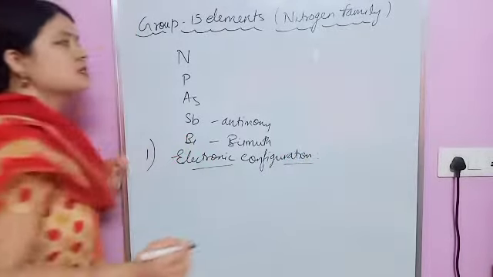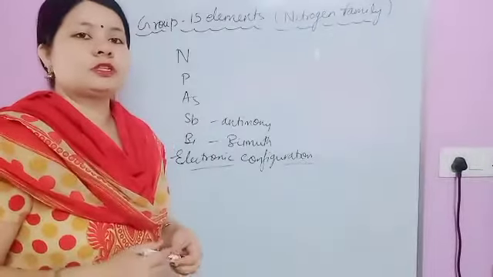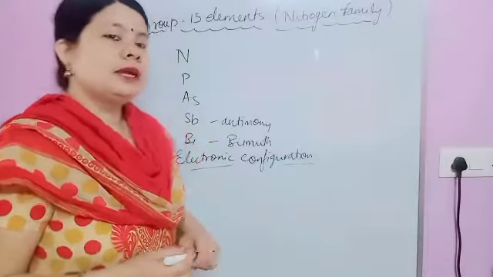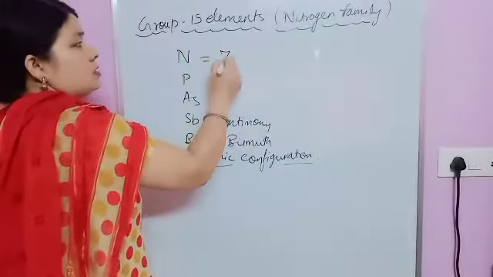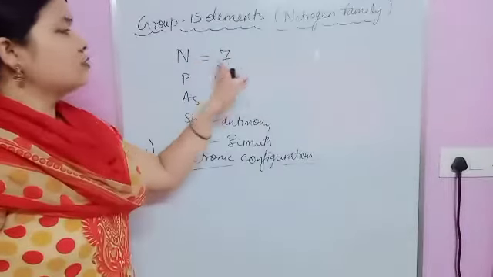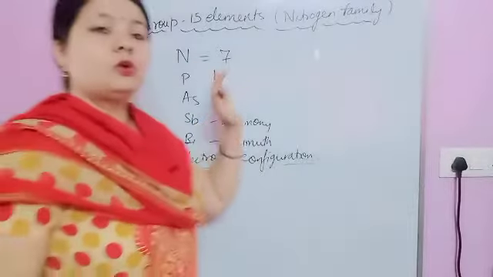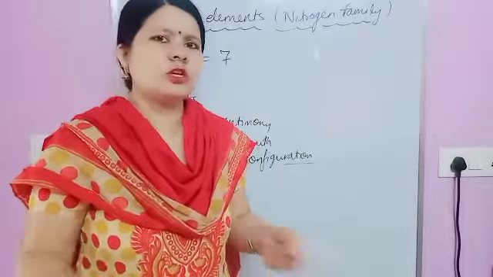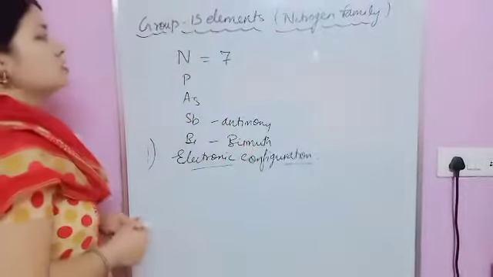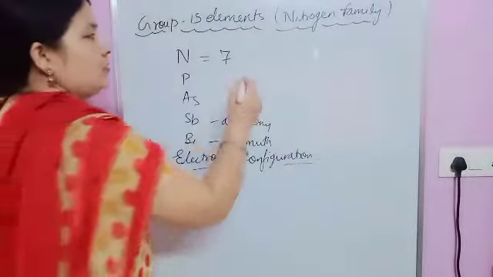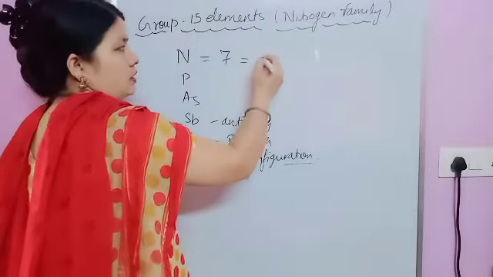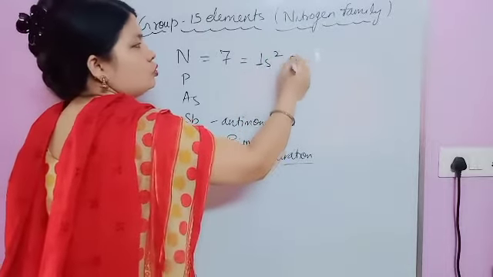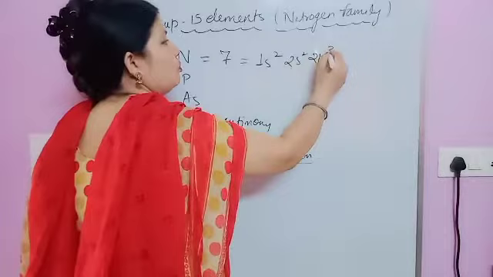Now 12th class, just see, how to write electronic configuration, you know, because we have learned that in 11th class. Take nitrogen, atomic number is 7. Regarding this, first of all you have to learn atomic number up to 30. Hope everyone remembers, because I have been saying this for so long. Now atomic number 7, and you have to write the electronic configuration not like 2, 8, 1, we have to write like this: 1s2, 2s2, 2p3.